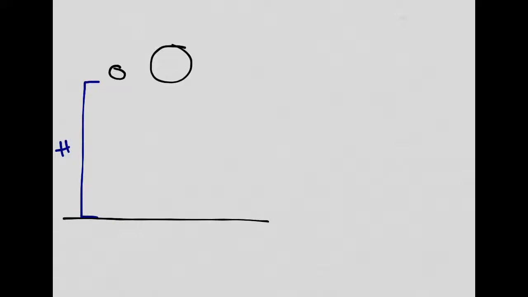If we drop these two balls at the same time, which one hits the ground first? I'm going to pause this for a second and let you consider that. Okay, end of consideration period. Well, you would be right if you said that both balls hit the ground at the same time.